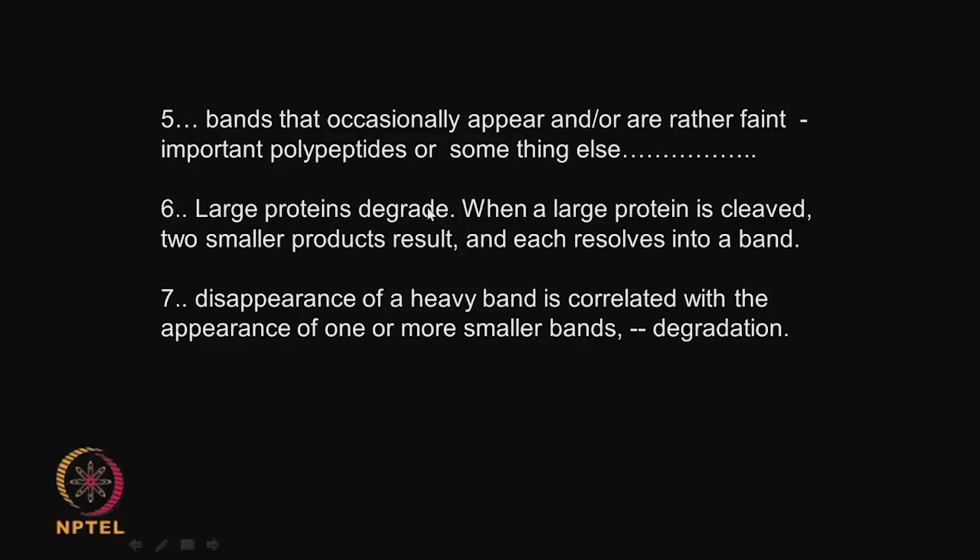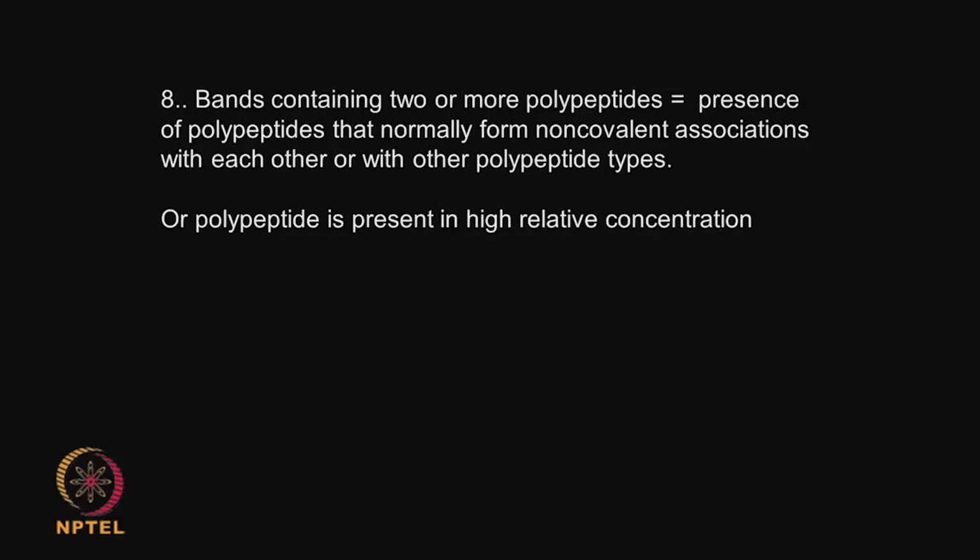Large proteins degrade into 2 smaller products, and each resolves into a band. Disappearance of a heavy band is correlated with appearance of 1 or more smaller bands, that means degradation of that large band into smaller fragments.